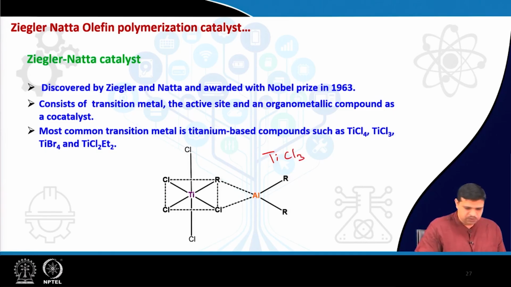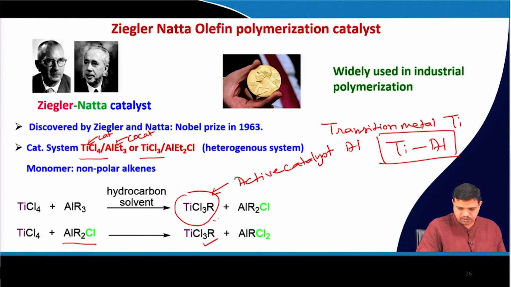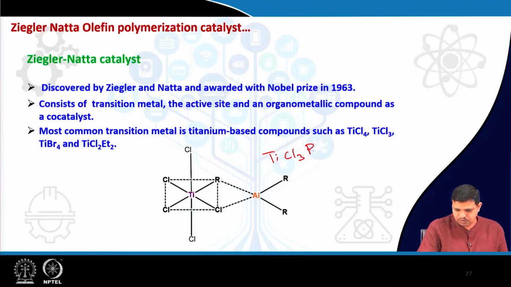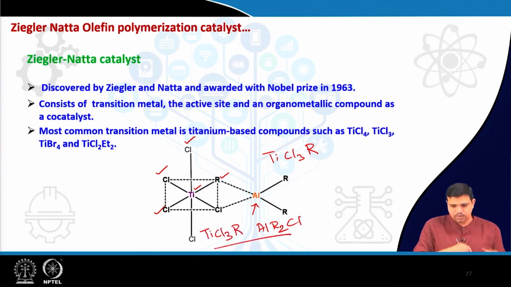You have titanium, you have the R group here, and three chlorides, and this is the co-catalyst. Here you have AlR2Cl, and this is the TiCl3R moiety.